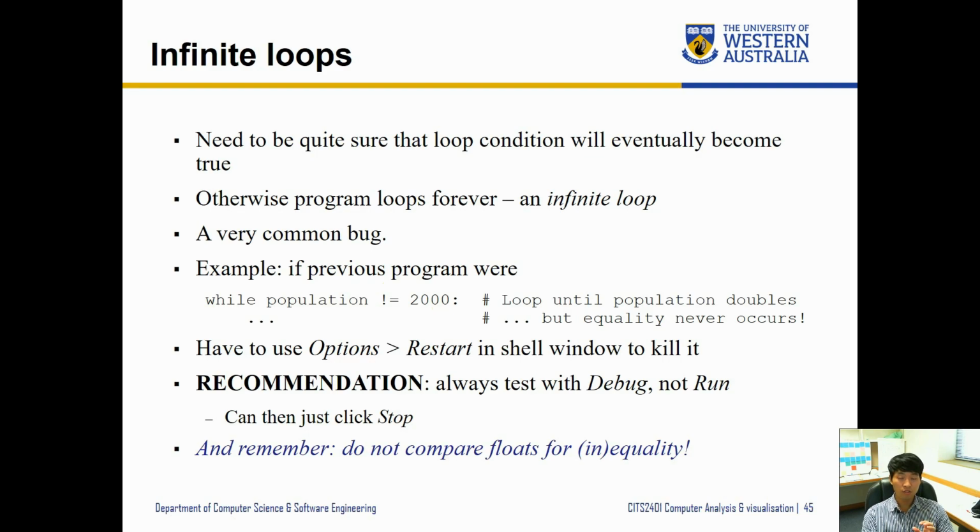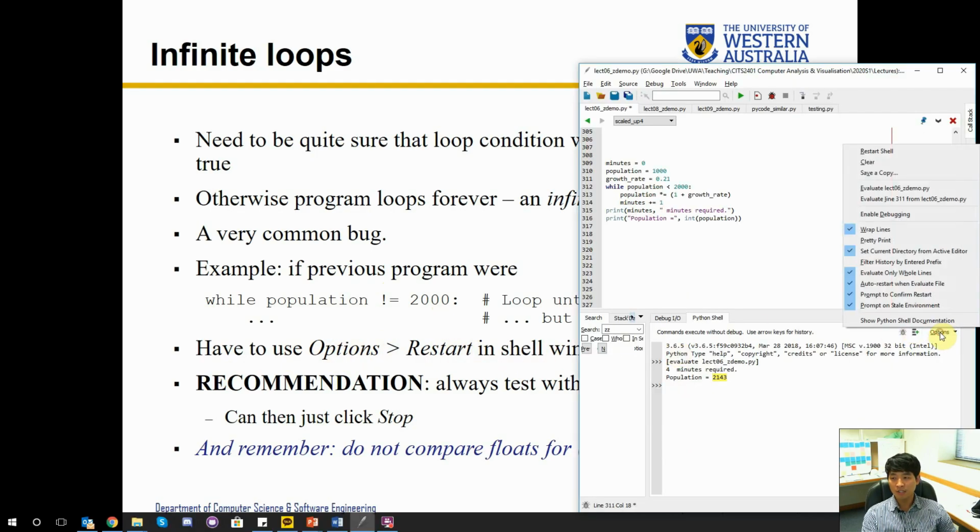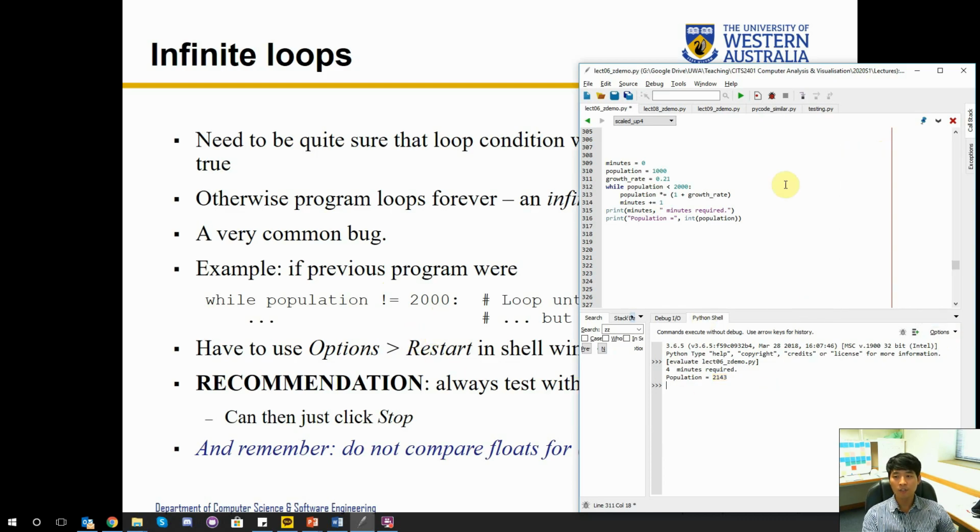If you do get yourself stuck in there, you can use options, restart shell to restart it. So here, options and restart shell there. We have seen it before. This will clear out all the namespaces as well, so you have to run your code again. But before you run it, fix your infinite loop as well.